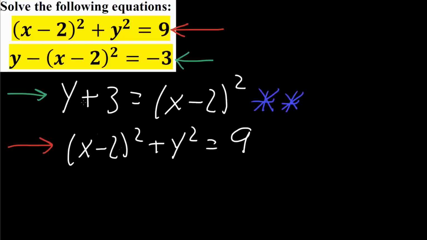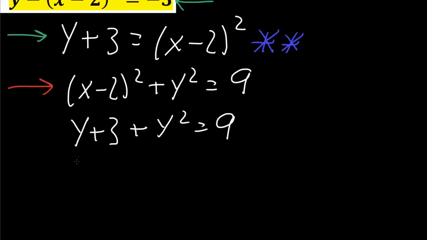So we would get y plus 3 plus y squared is equal to 9. That means we have y squared plus y, 3 minus 9 is minus 6, is equal to 0.